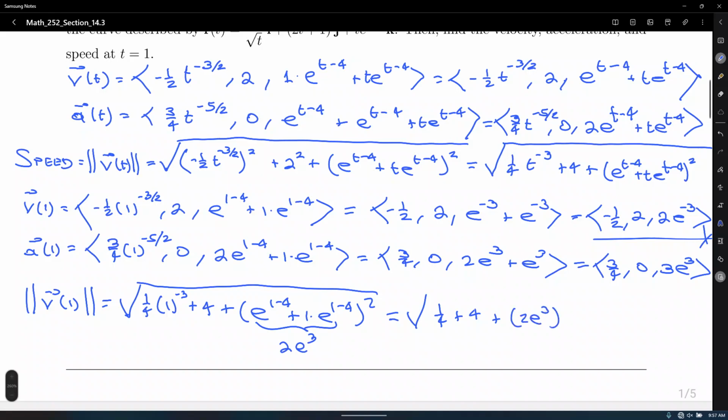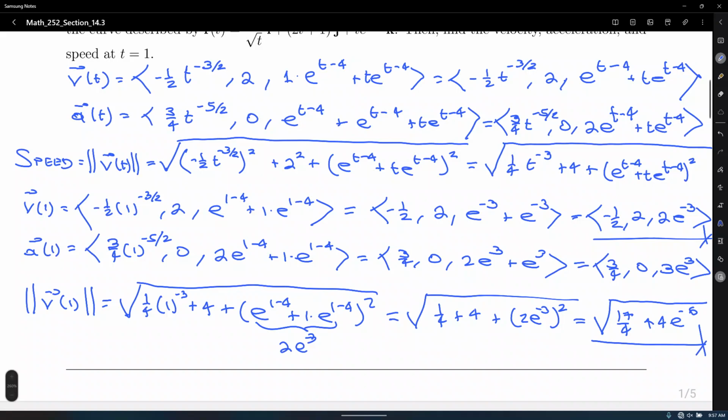Oh, negative third, right? Negative third, thank you. And that is 1/4 plus 4. How about combine it together to get 17/4? And in this case, careful. Raise the 2 and multiply the exponent. So that is 4 e to the negative 6. So that is the magnitude of the velocity, also known as the speed.